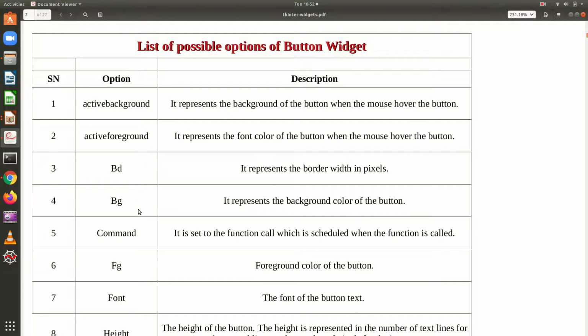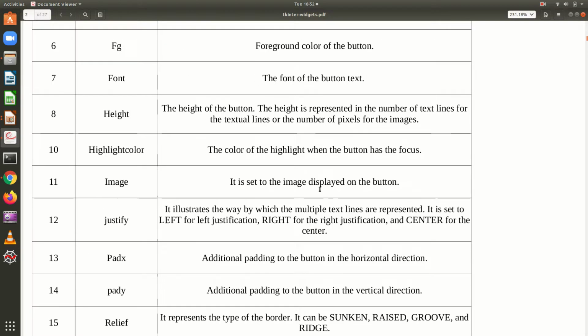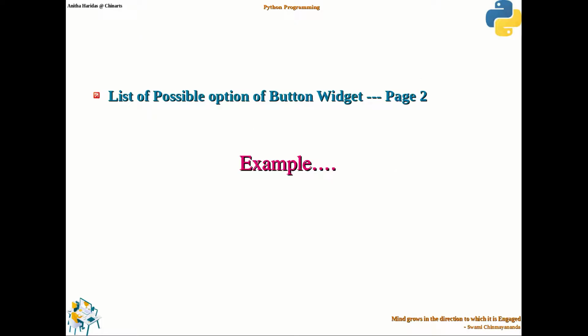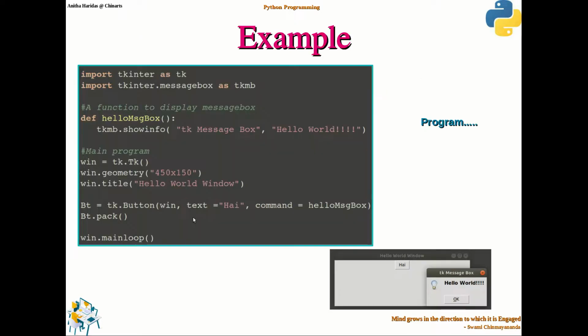So these are the possible options, and the purpose of each option was also listed in this particular document. As an example, we had seen how a button widget can be created on a window and how it will respond to the click event.